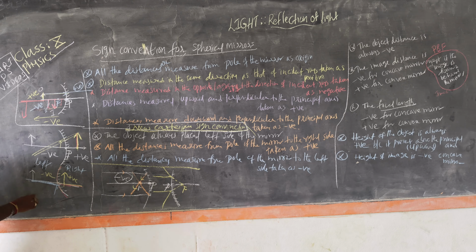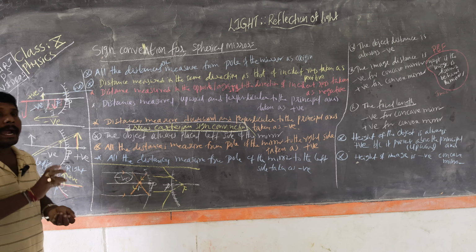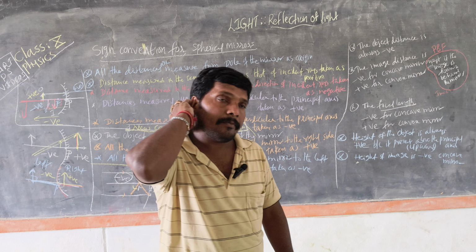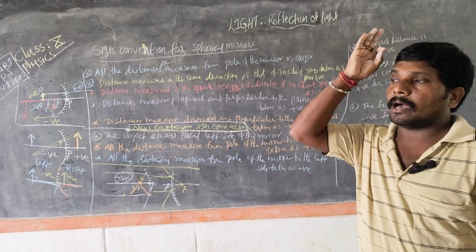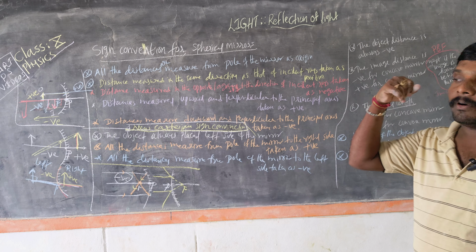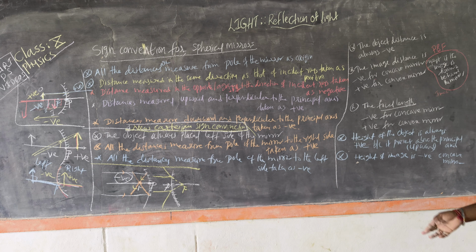This is the principal axis and this is the object, both perpendicular to each other. So the height of the object is always positive for either the concave mirror or the convex mirror.